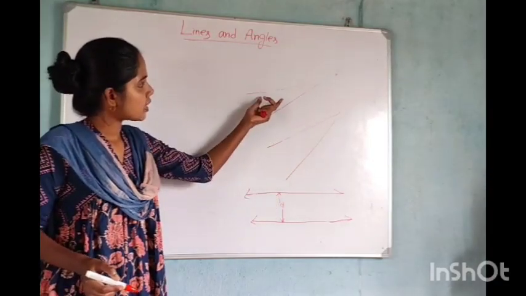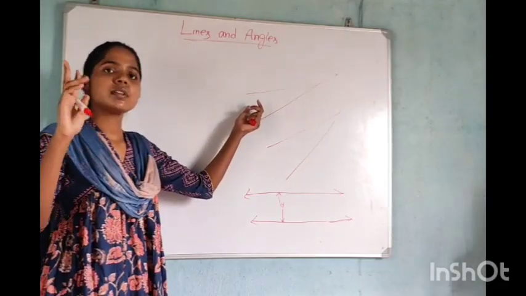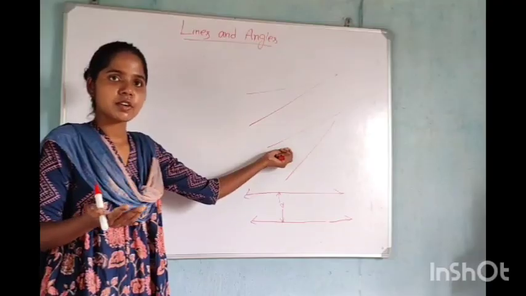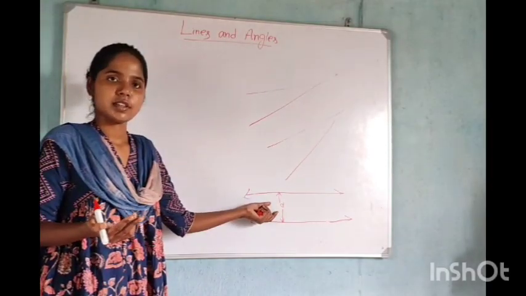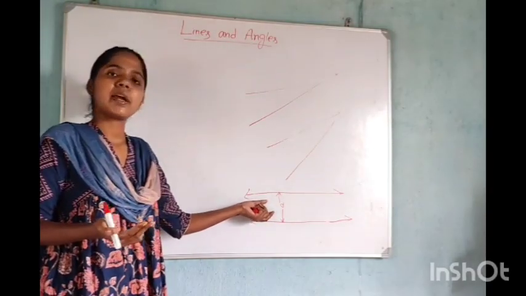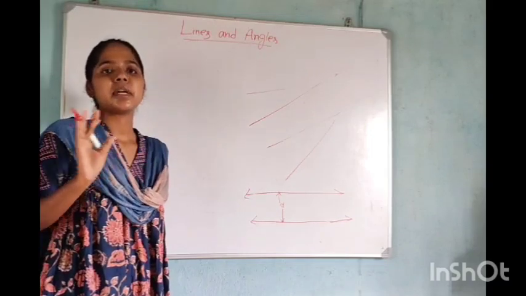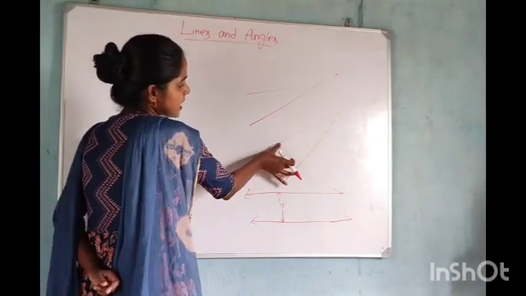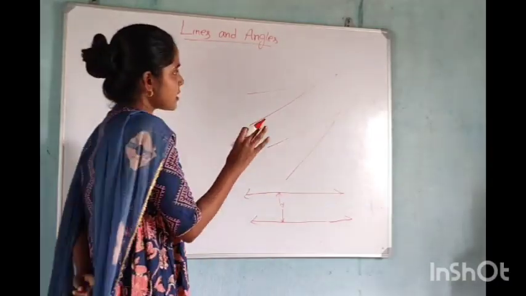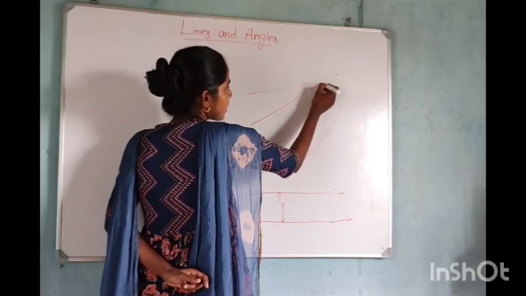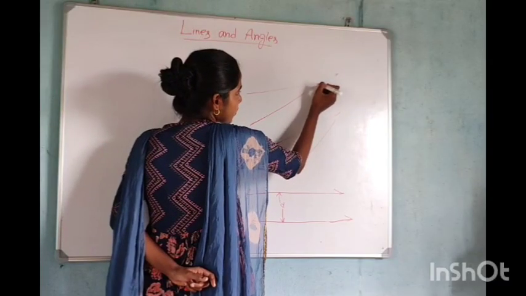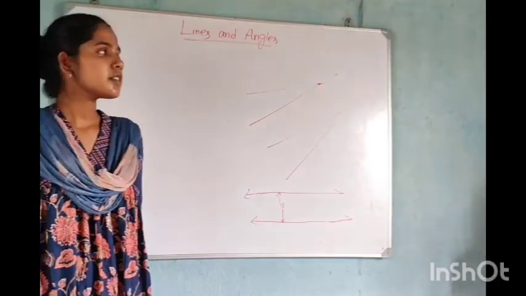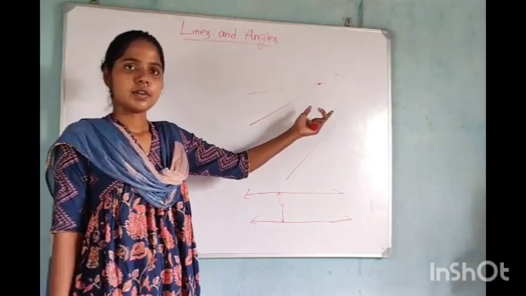But in these two figures it cannot be the same. So two cases can happen: either the distance between them is changing, or it is not changing. If it is not changing, that means they are parallel lines. Parallel lines can never meet at any point because the distance is always the same. But here the distance is changing, which means it will intersect at some point because the lines go endlessly.